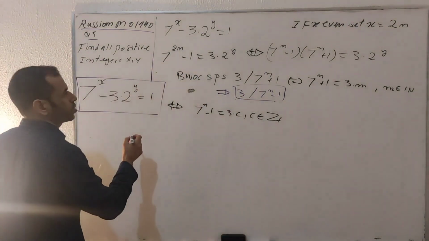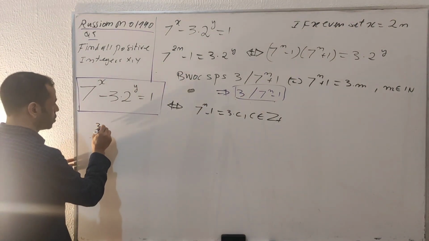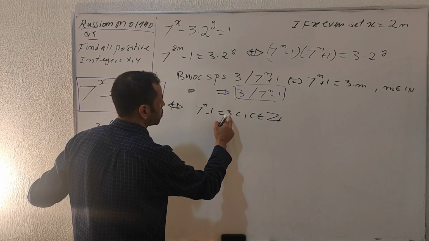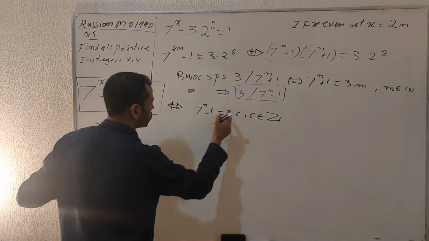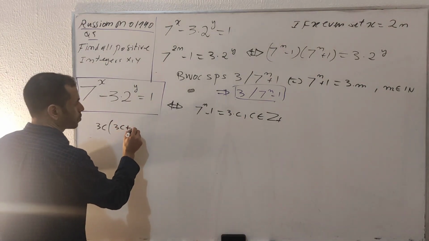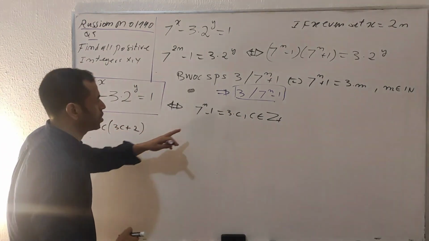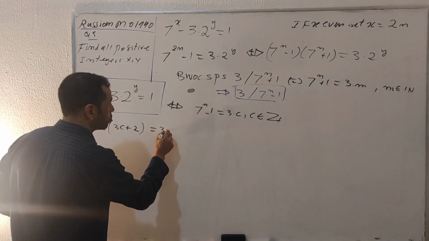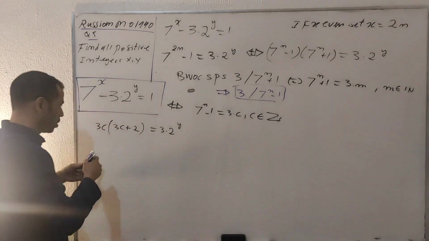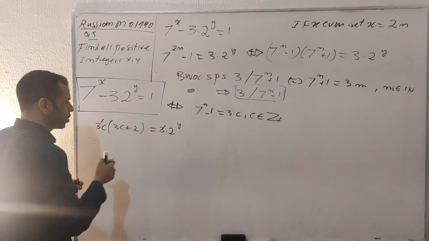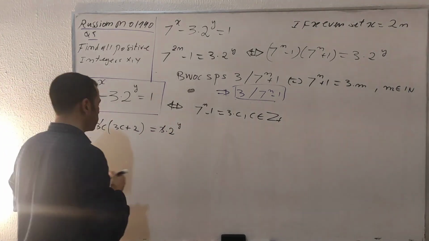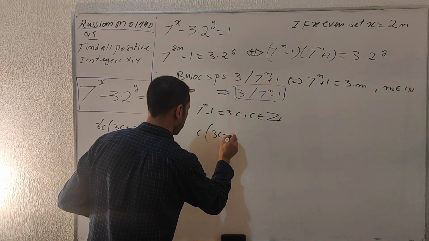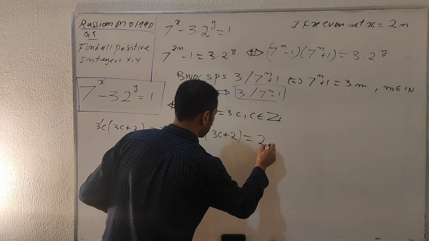So we'll have the following equation. 7 to the n plus number 1 will be replaced with 3c plus number 2, because as I'm adding number 2 on both sides, I will get this one equals 3 multiplied by 2 to the y. Now I'm going to cancel number 3 from the left and the right. It's giving me a nice equation here: c multiplied by 3c plus number 2 equals 2 to the y.